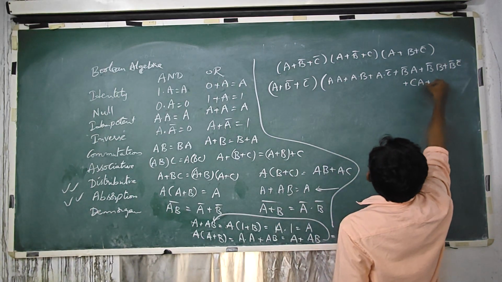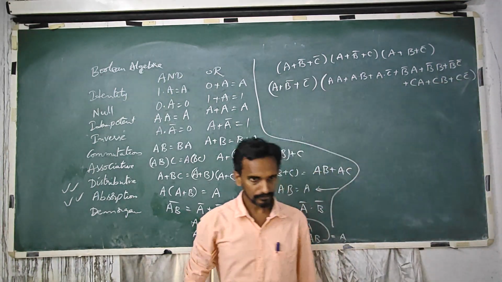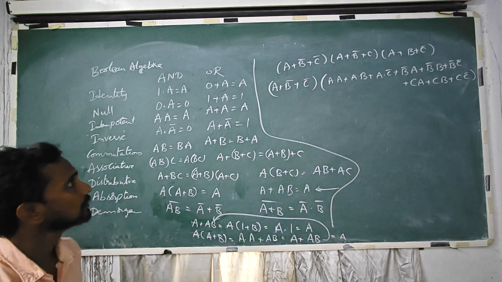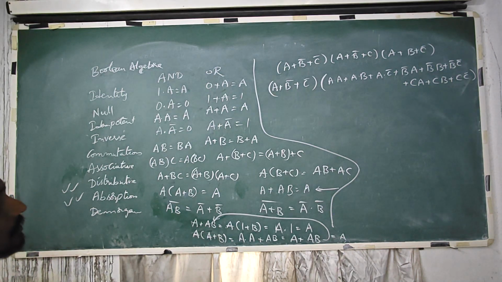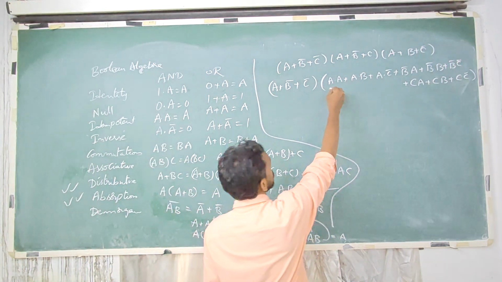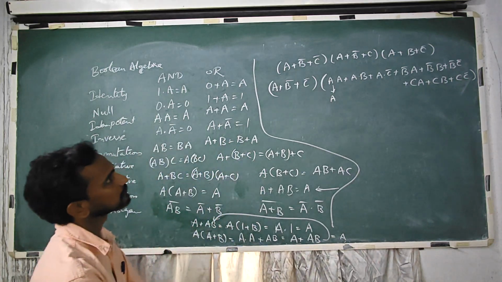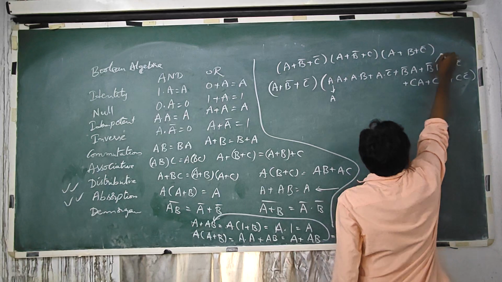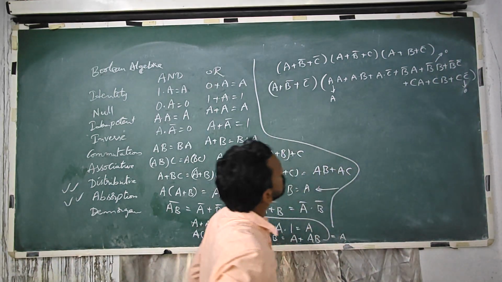Plus C into A plus C into B plus C into C bar. What simplifications can be done? A into A becomes A. B into B bar is 0, C into C bar is 0.